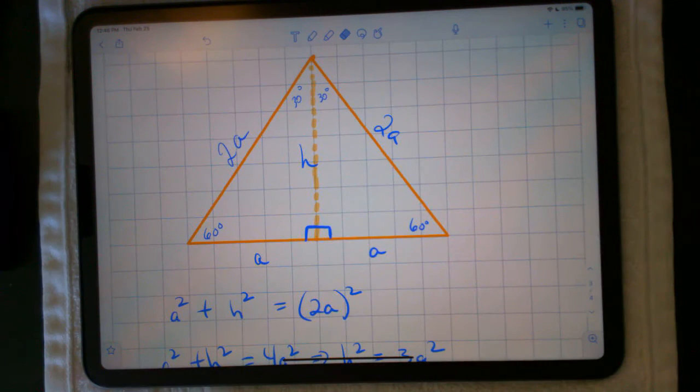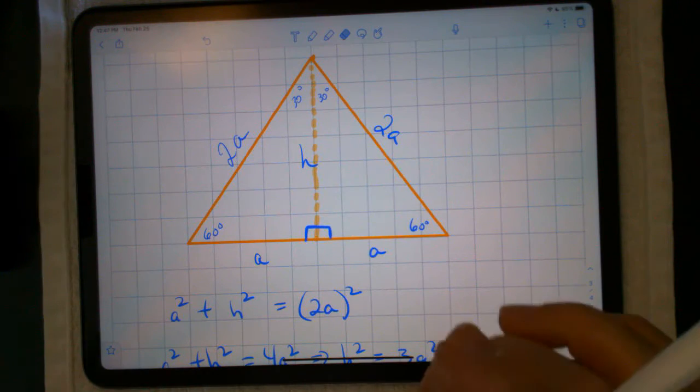Now, to make things simpler, we will use the unit circle in a lot of our trigonometric functions. And the unit circle has a radius of 1 unit, or 1.